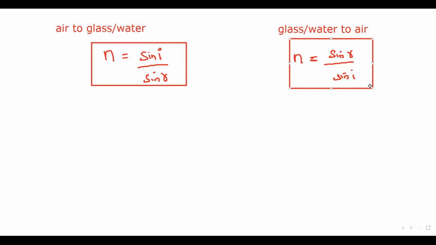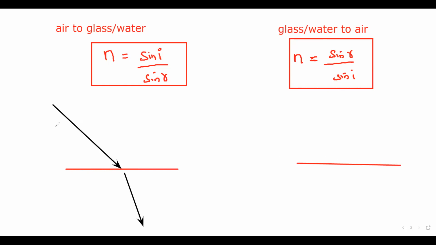For example, if you don't remember the formula, always remember that the angle in the numerator will always be greater than the angle in the denominator. For example, in one case the light is moving from air to glass, and in the other example the light is moving from glass to air.